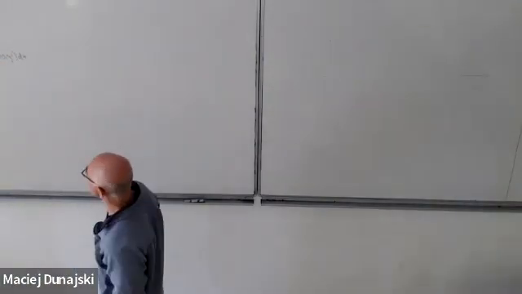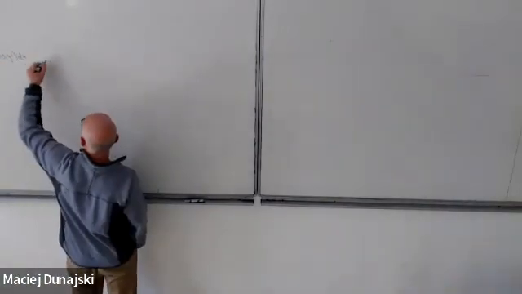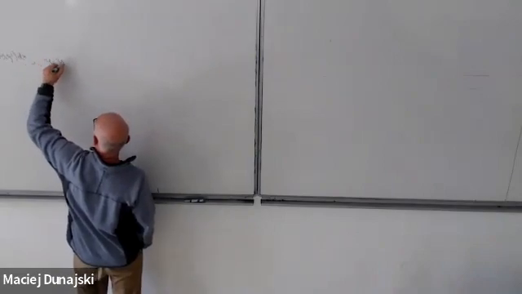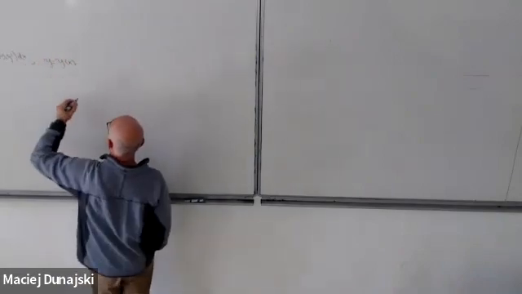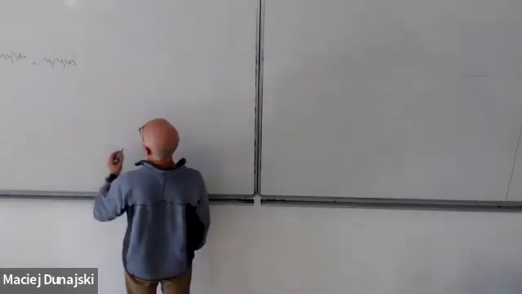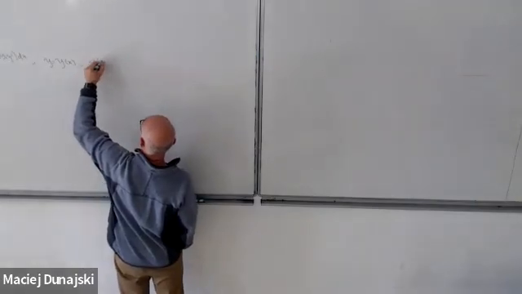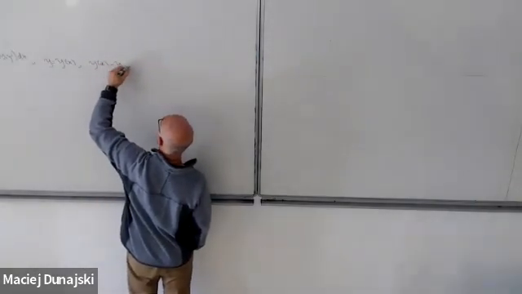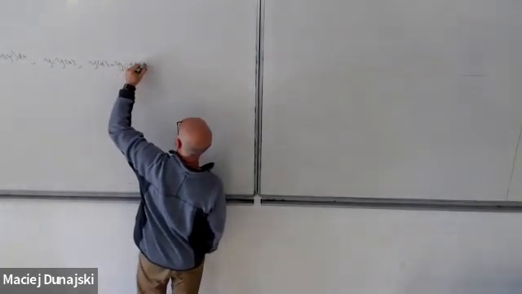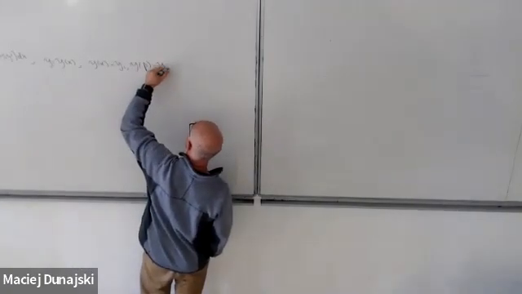Here y is a function of x, such that the endpoints of the graph of these functions are fixed. So y of alpha is y1, y of beta is y2.